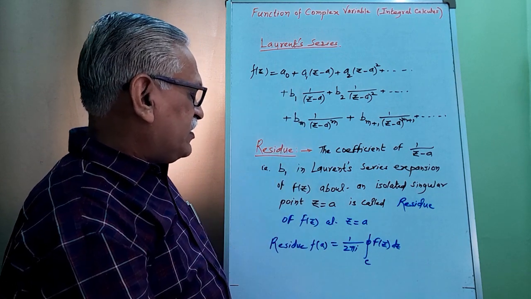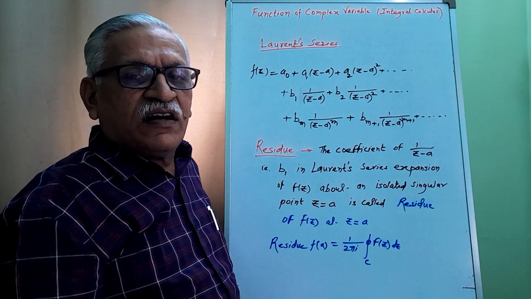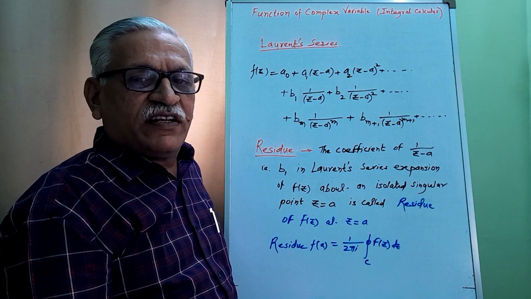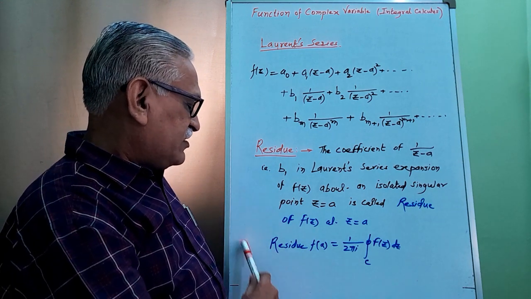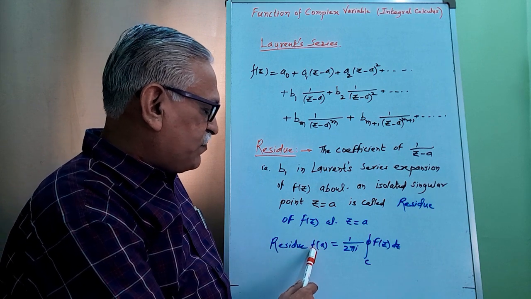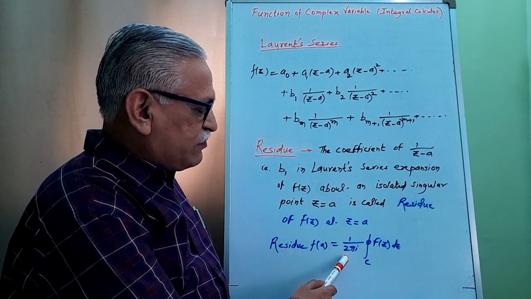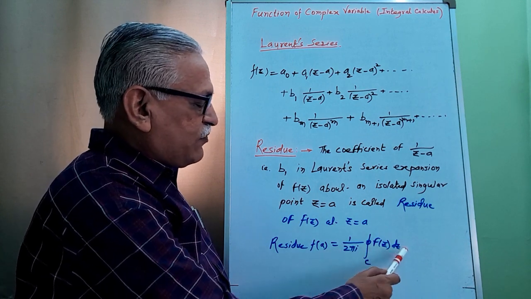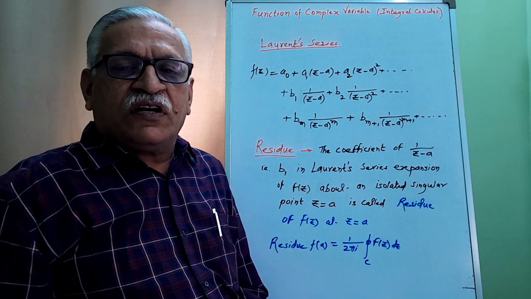Therefore, that b1 is called the residue of that Laurent series. Using that Laurent series, we can determine the residue of the function f(z). Then the residue of f(z) at z equals a is given by 1 upon 2 pi i into the contour integral of f(z) dz. This is the definition of a residue.